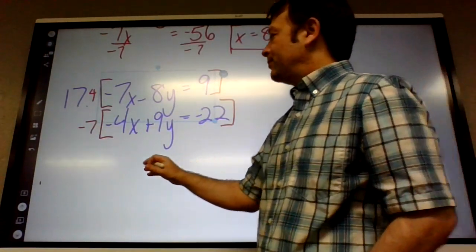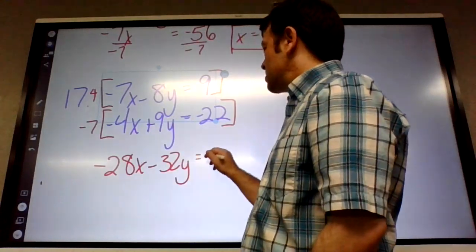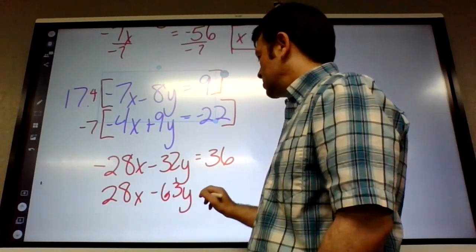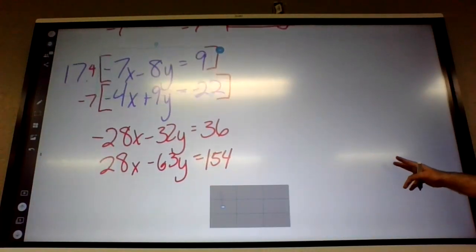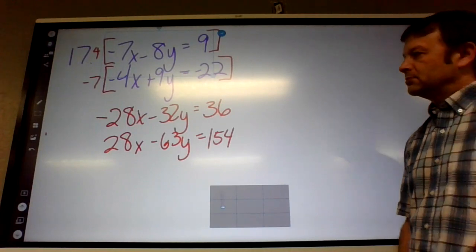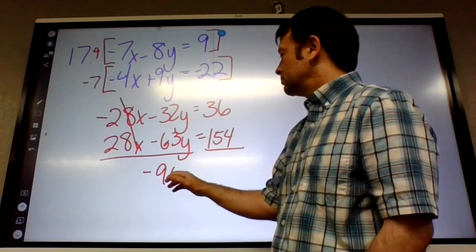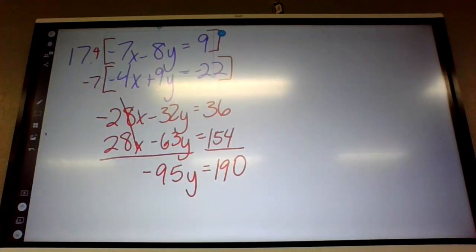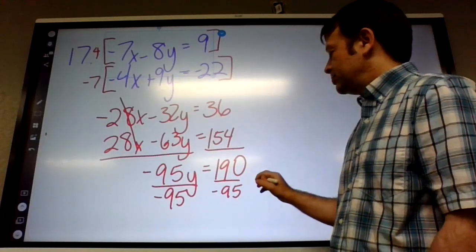So the top line times 4 is, and the bottom line times -7 is, so y is -2. Don't forget those negatives.